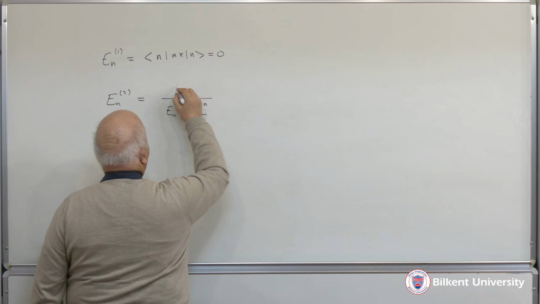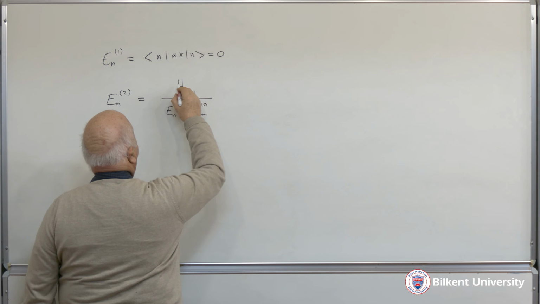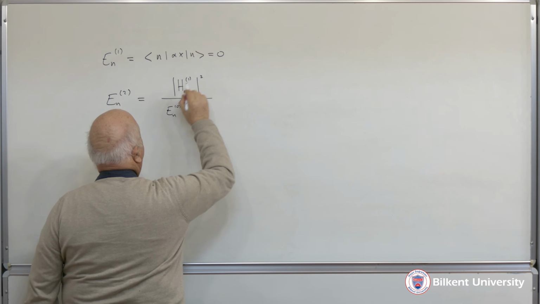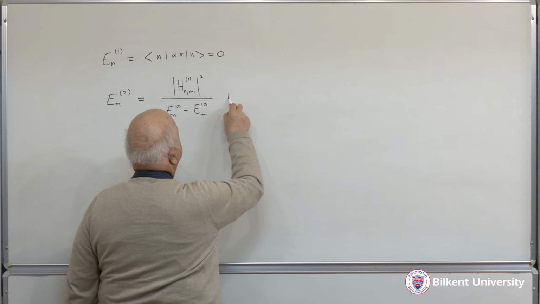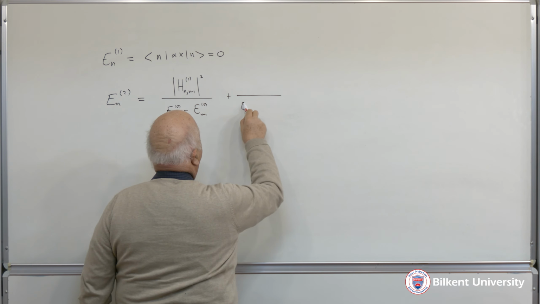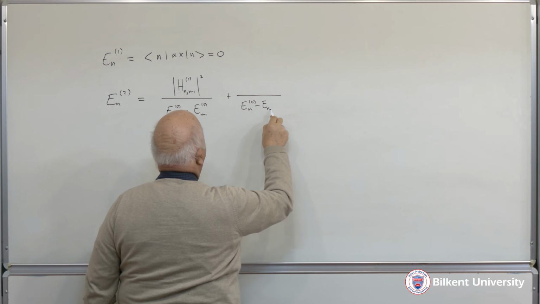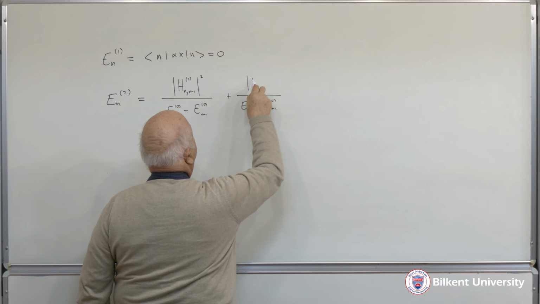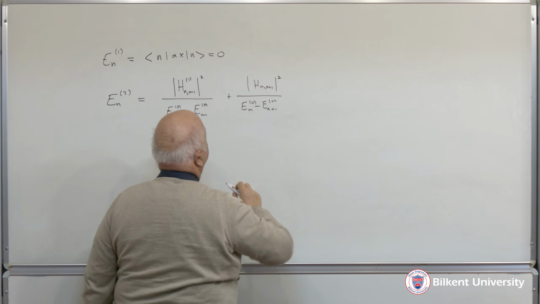And I'm going to get here an H_{n,n-1} magnitude squared for the object. And then there will also be plus E_n^0 minus E_{n+1}^0, and H_{n,n+1} magnitude squared.